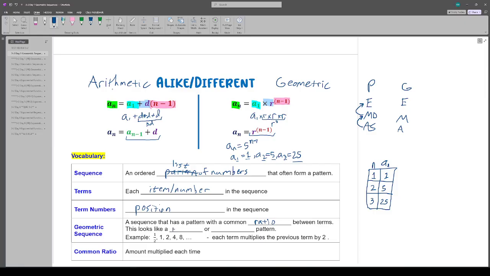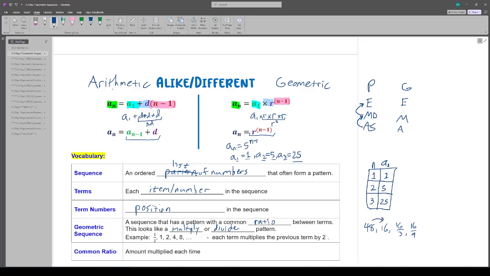This looks like a multiplying or dividing pattern. If we're dividing, then all we're basically going to think of is we're multiplying by a fraction each time. So the example here goes 1/2, 1, 2, 4, 8. So each one is being multiplied by 2. One that would look like division would be like if I had 48, 16, 16 thirds, 16 ninths, then I'm dividing by 3 every time.